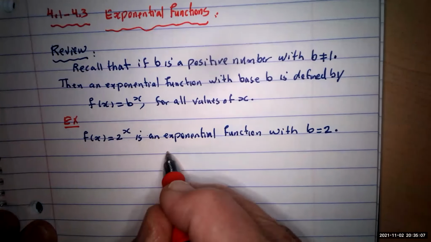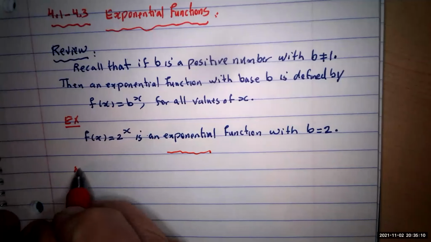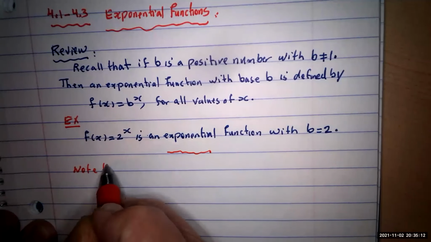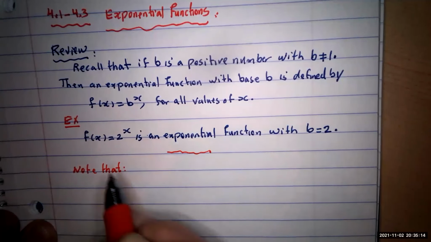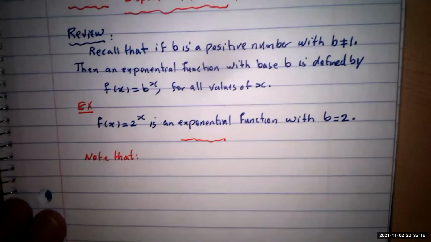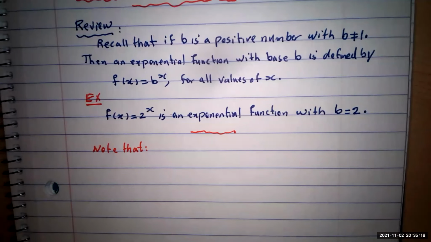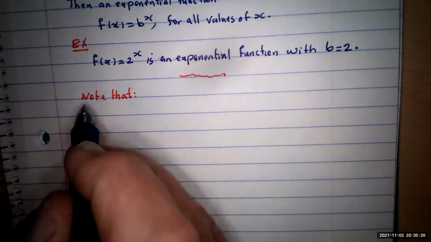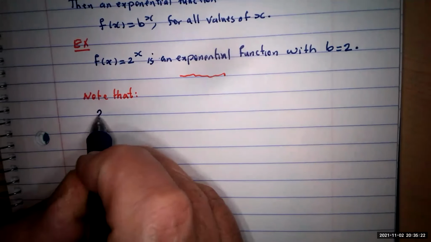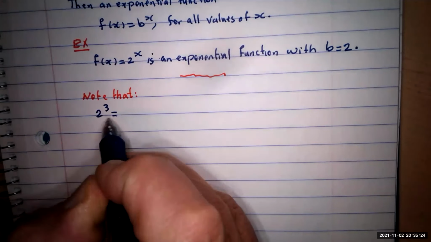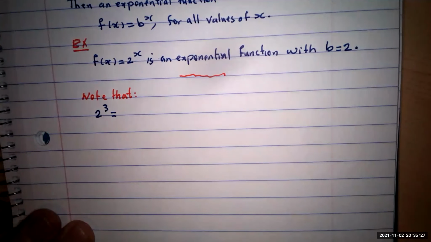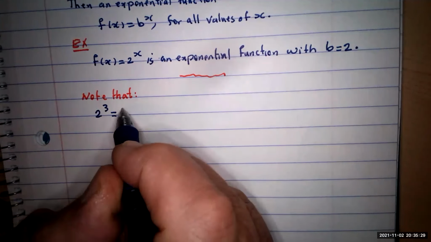Just to remind you, from algebra, we can find any exponent if you like. Look at this one. Note that if you want to find, for example, 2 cubed, it's going to be what? 2 cubed is going to be 2 times 2 times 2. It's going to be 8.